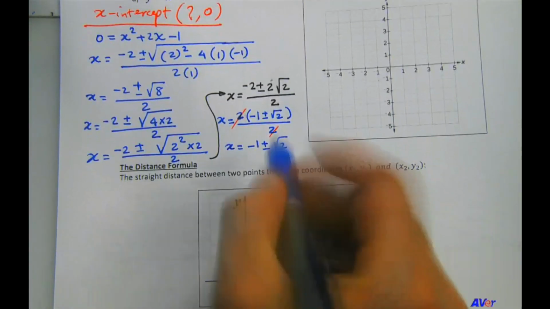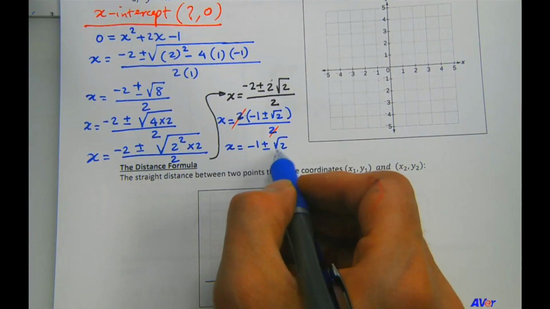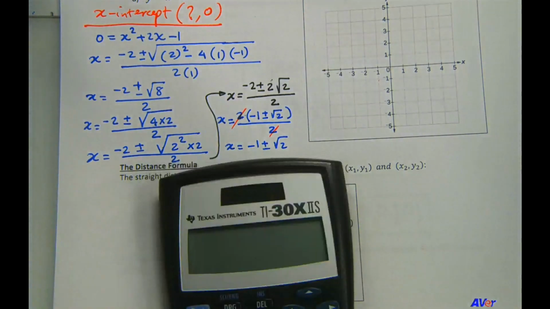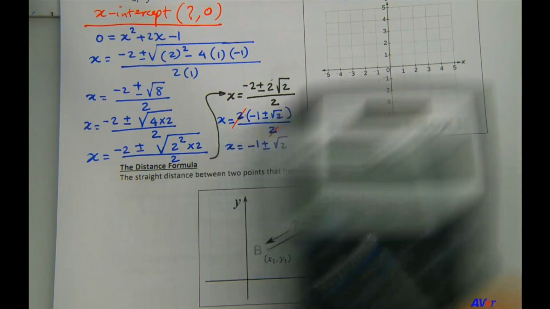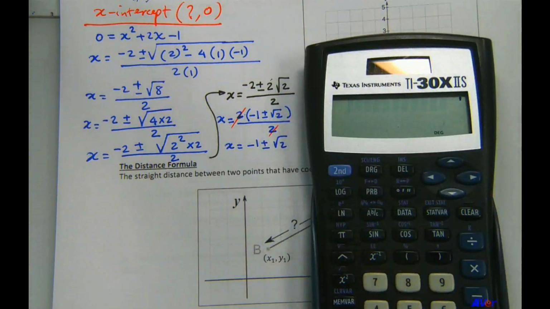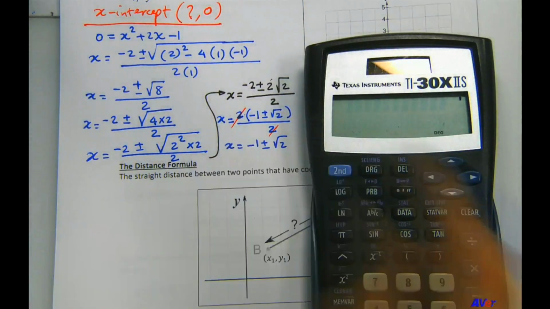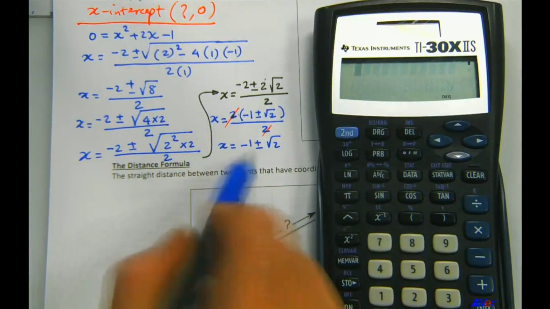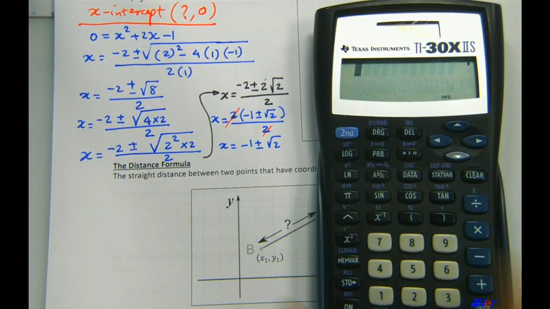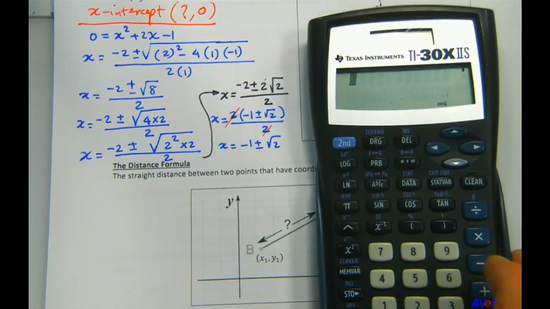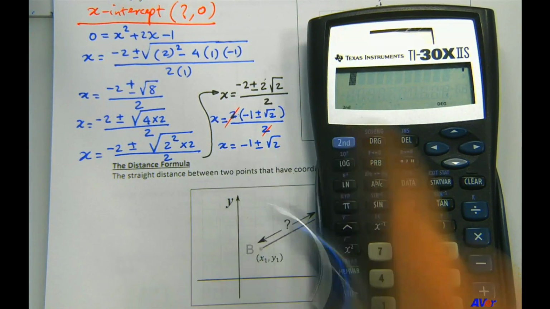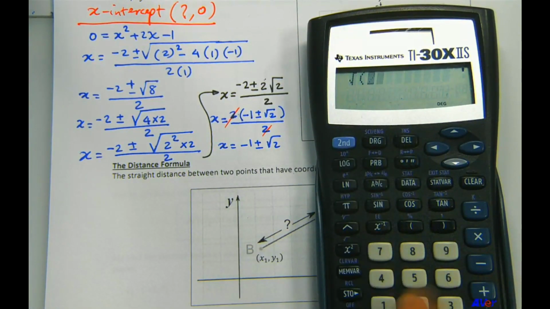Okay? So this square root of 2, if you use your calculator, do I have my calculator here? Yes, I do. See, square root of 2 is an irrational number. Because these are our x-intercepts, we want to have a rough idea where these 2 x values are. Let's calculate square root of 2.